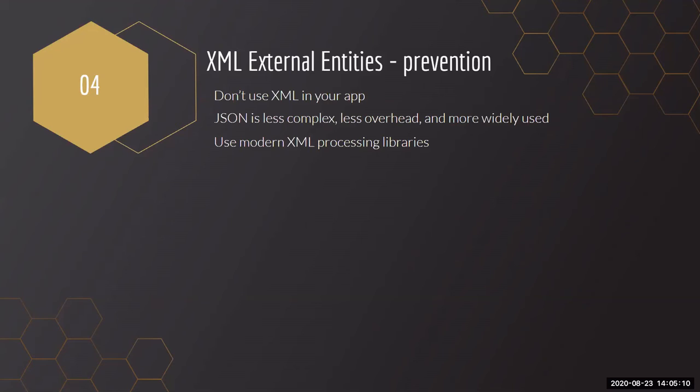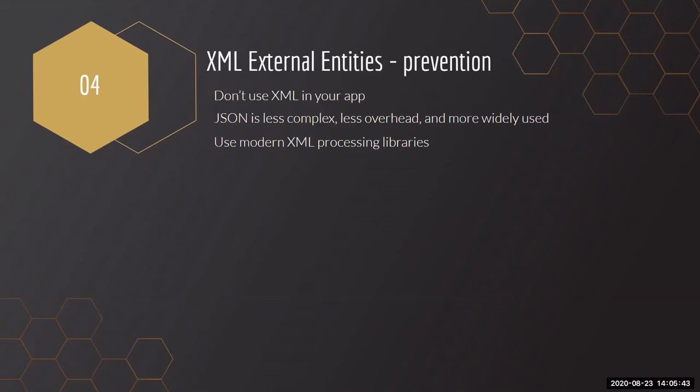The main actual way to prevent this, if you have to use XML, and try to avoid it if at all possible, is to use a modern XML processing library. So if you're using XML in your app and you don't know what kind of library you use, you might want to find out and look up that version and everything specifically on Google, and maybe find the GitHub and see how recently it's being developed, if it's being developed or maintained by anybody.